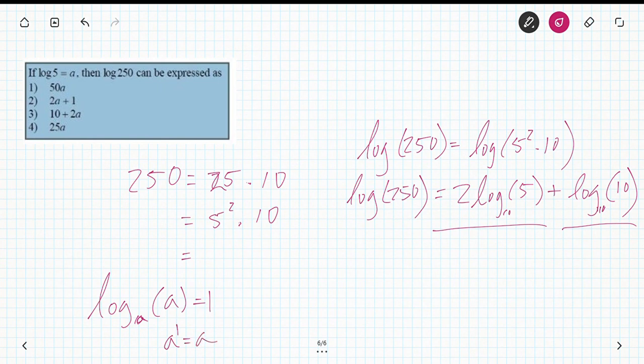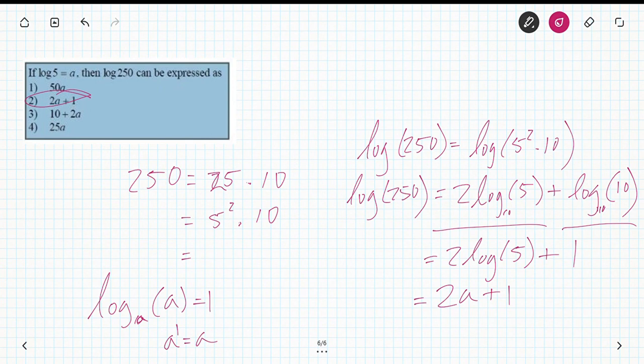So we can rewrite the second term, giving 2 log of 5 plus 1. Since we know that the log of 5 is a, we can express this as 2a plus 1. Alright, and so the correct answer choice is number 2.